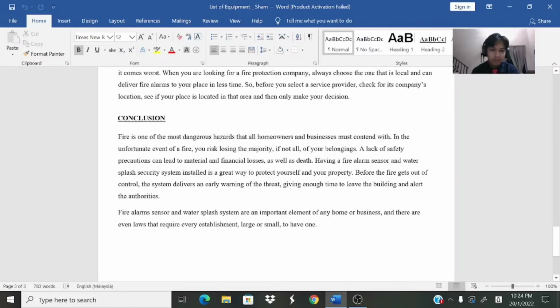Even in a house or our company, even in a mall, we need to have the fire alarm sensor and water splash system. So to conclude, you guys need to have one. You guys need to buy one for the community safety, which can save our family or our friends.